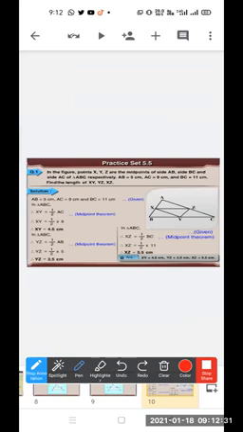In triangle ABC, XY is half of AC. Why is it half of AC? Because we are applying the midpoint theorem. What is the midpoint theorem, children?